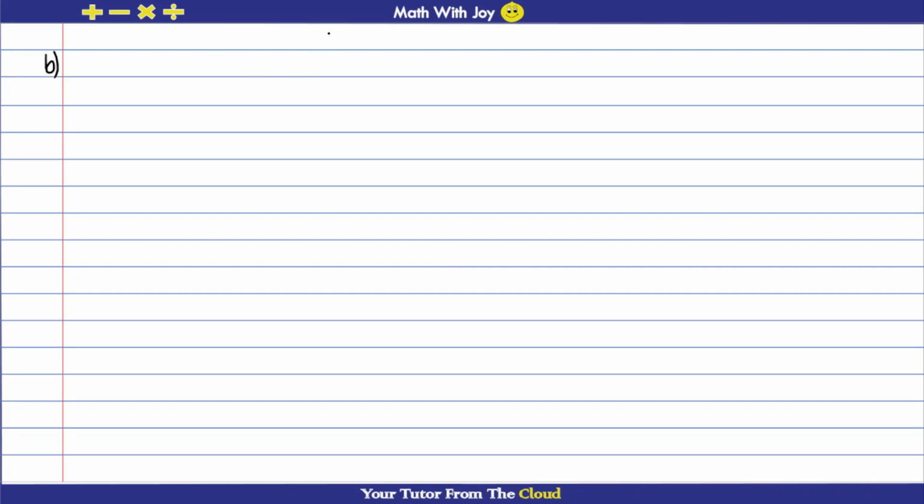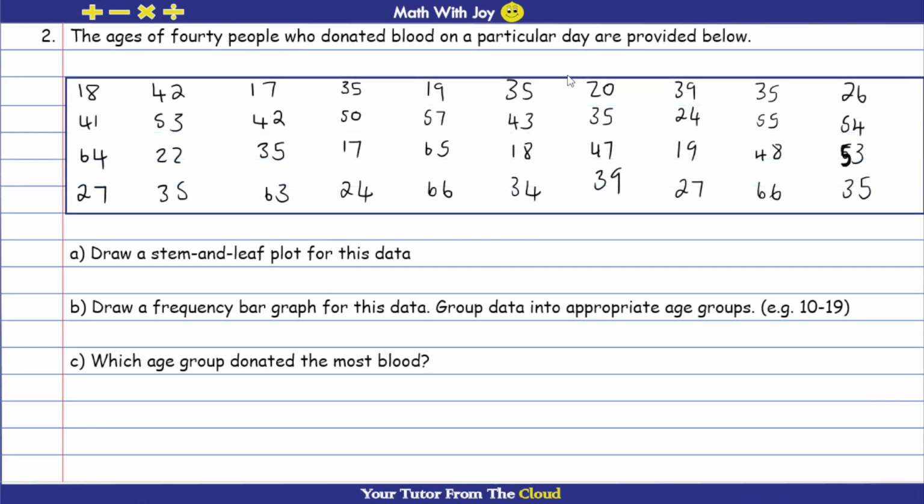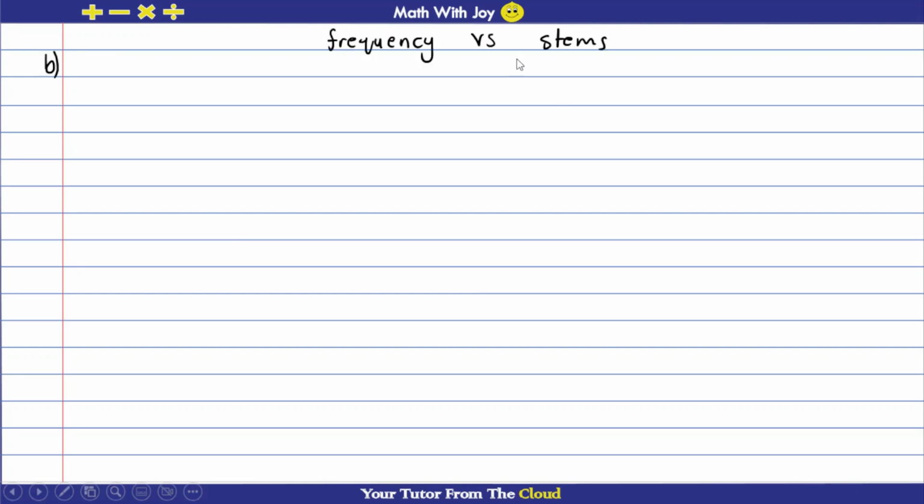You just put your heading there: frequency versus the stems. Oh, what did we have here? Stems or age groups. Yes, the ages of people, so frequency versus the age groups, I would say.